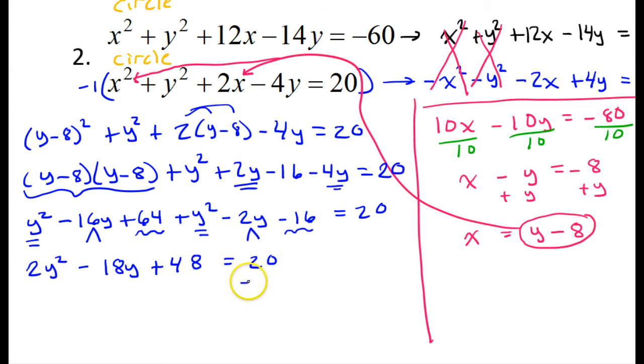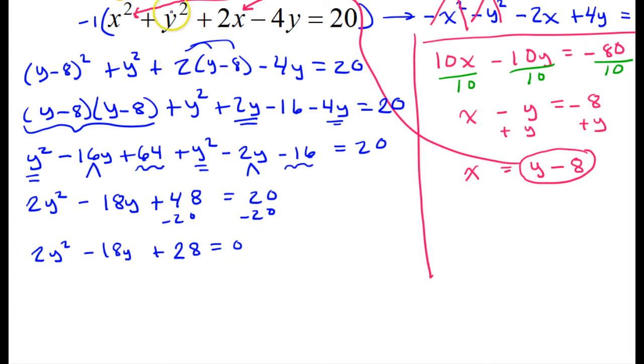Okay, I'm going to get 0 on one side by subtracting 20 from both sides. So now I have 2y squared minus 18y plus 28 is equal to 0. Sorry, not 18, 28, I mean.